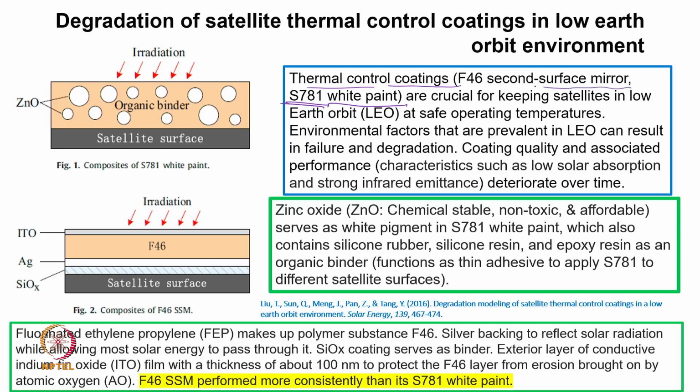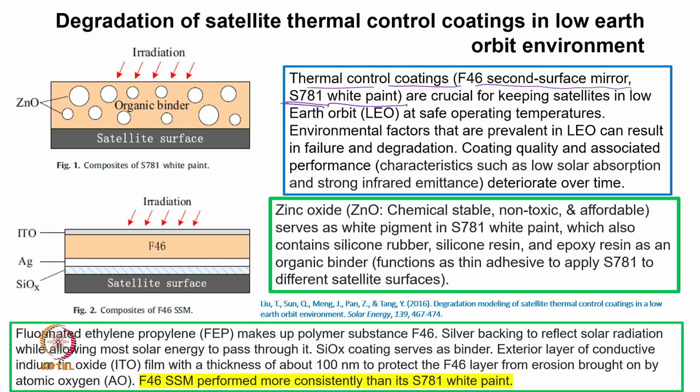There was another new coating, F46, and they used a second surface mirror. It is basically a mirror system using silver, so the reflection happens, and the harmful radiation can be reflected back without impinging on or attacking the thermal coating.